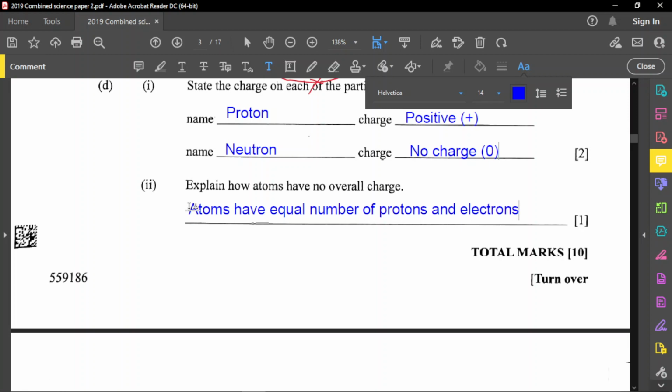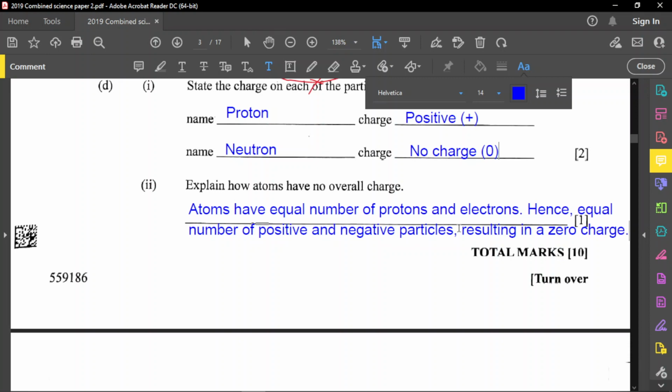And since you have an equal total number of protons and electrons, hence an equal number of positive and negative particles, resulting in a zero charge.